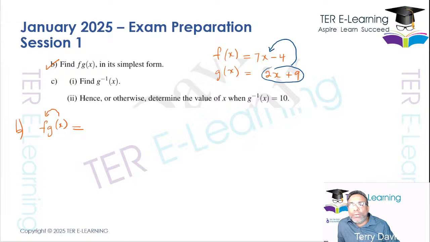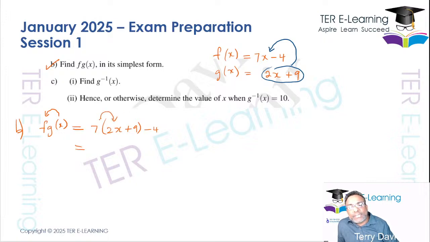So therefore, my answer is going to be 7 multiplied by 2x plus 9, minus 4. All I've done is replace the x in the function f with 2x plus 9. So we need to remove the brackets.